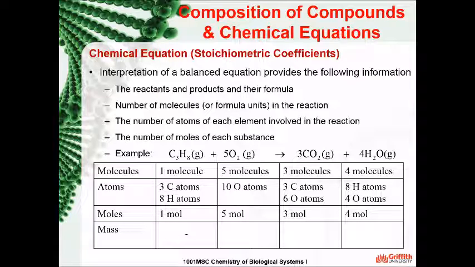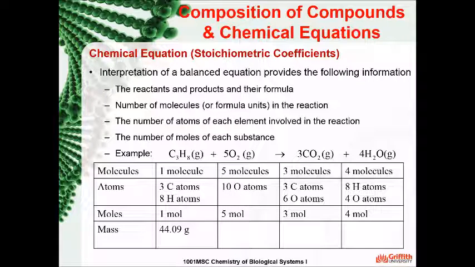For example, with C3H8, the molar mass is 44.09 grams per mole. So the mass is 44.09 times 1 equals 44.09 grams. For O2, the molar mass is equal to 32 grams per mole.